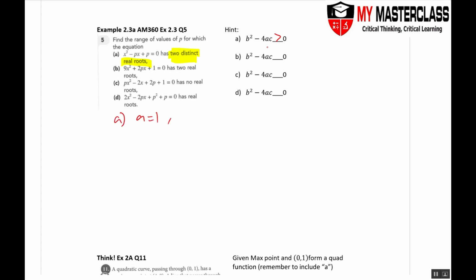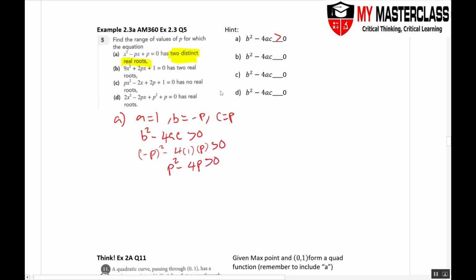Your a is 1, b is minus p, your c is p. We established earlier b squared minus 4ac is more than 0, so sub in your terms: minus p squared minus 4 times 1 times p, more than 0. I have p squared minus 4p, more than 0.